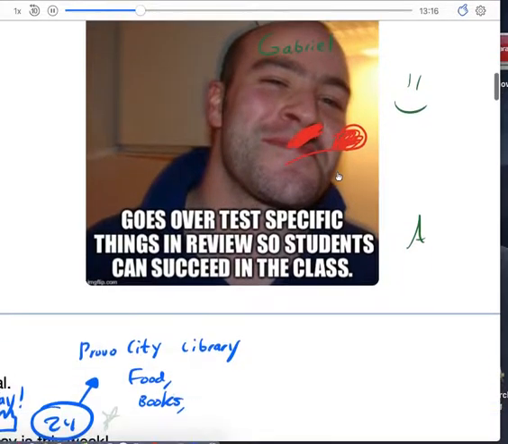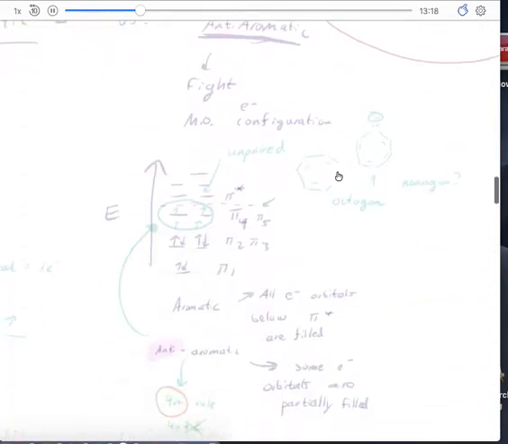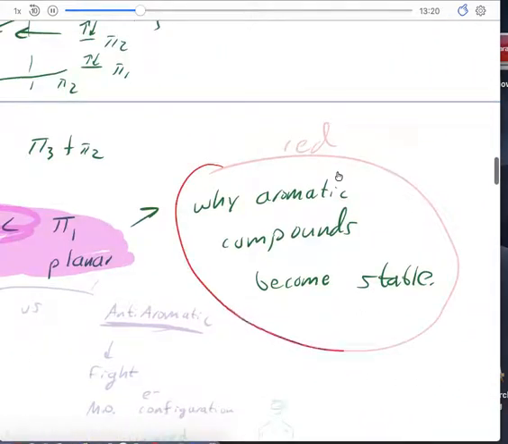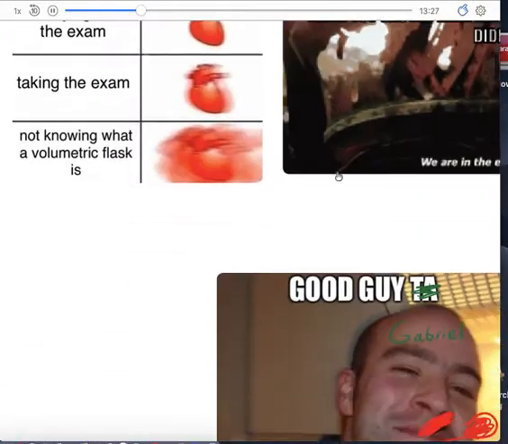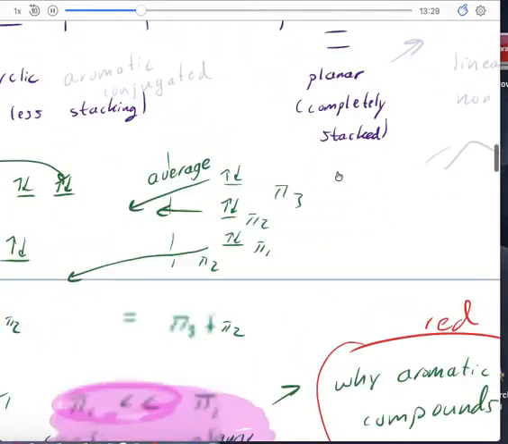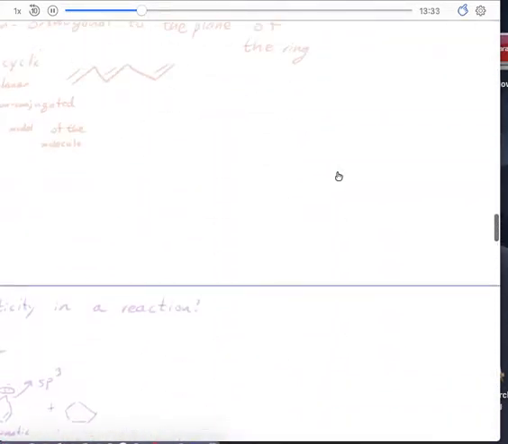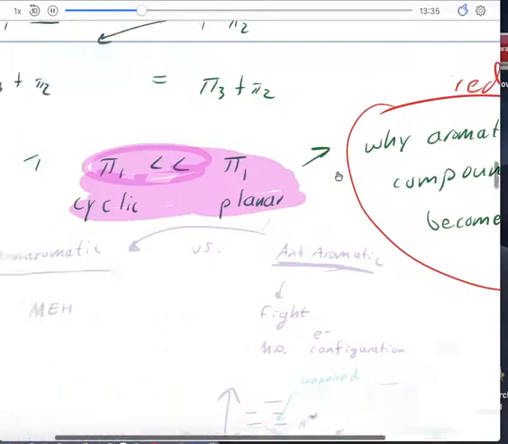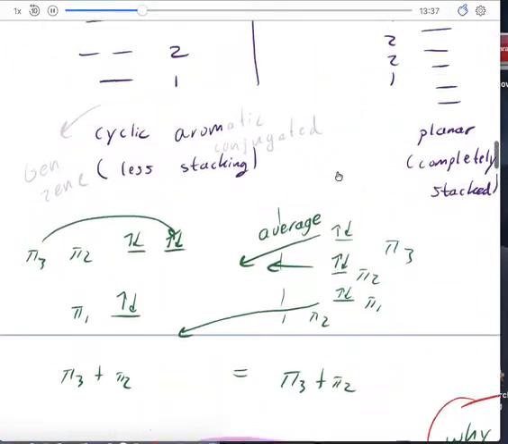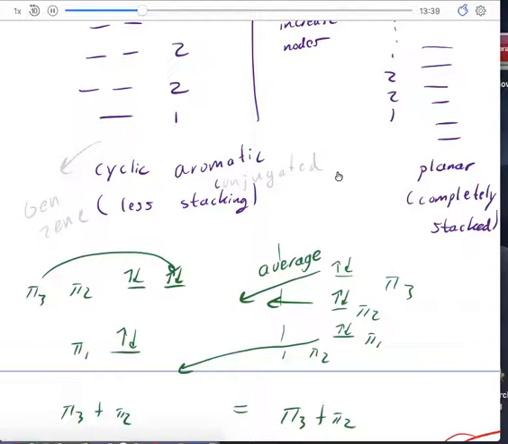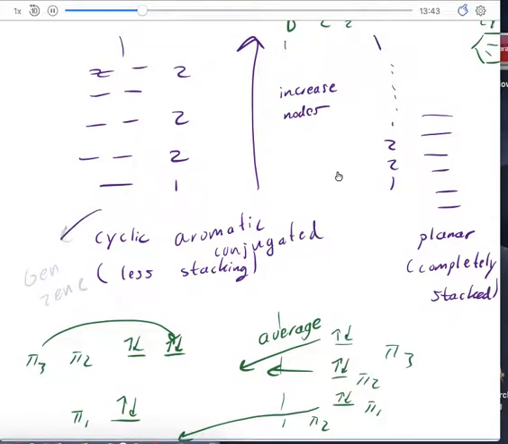Okay. So now that we get into why the aromatic compounds become more stable, I'll keep red for these are the things you should really notice. Yeah, Kyle? Well, this is the cyclic aromatic conjugated, so by that we specifically mean benzene.